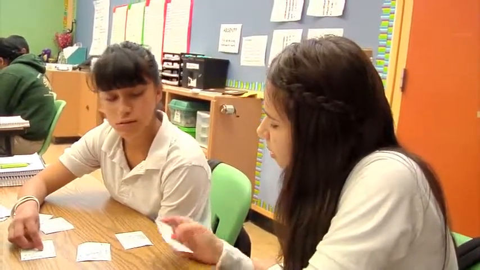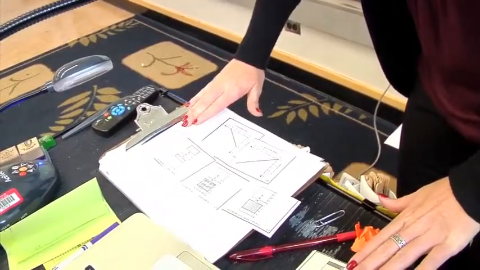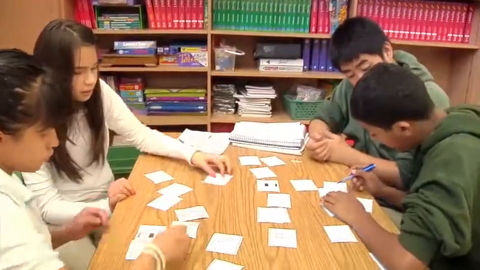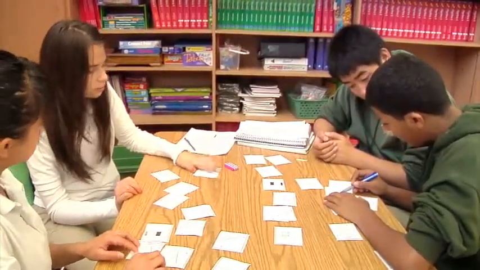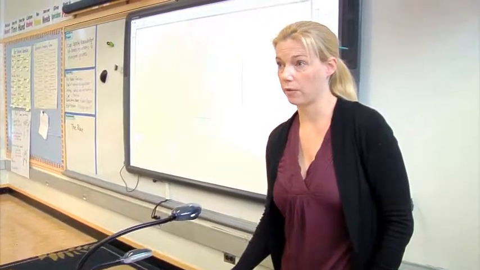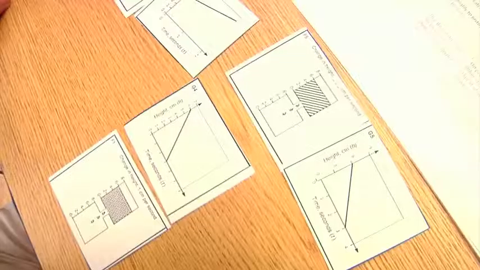You guys currently have these awesome graphs at your table. A couple of things that I want you guys to know about these graphs. There are lots of graphs. Each picture of the rectangles has 2 graphs.